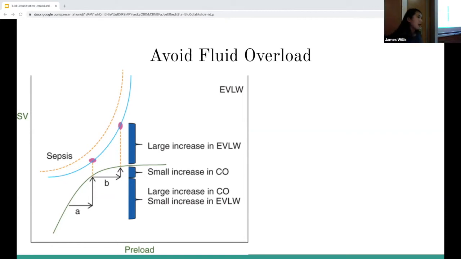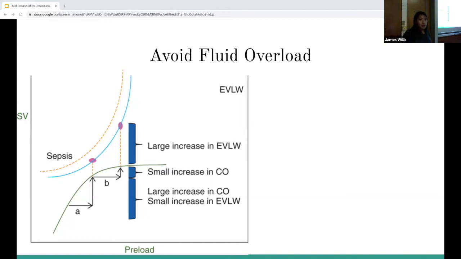Some people look for that in terms of B lines on ultrasound versus pulmonary vascular congestion on chest x-ray. The idea is that, especially in those patients that are prone to be fluid overloaded, you want to stay on the left side of that green Frank-Starling curve on the bottom, so that your extravascular lung water, that blue curve, doesn't start shooting way up, because that's where you're going to get increased morbidity and mortality.